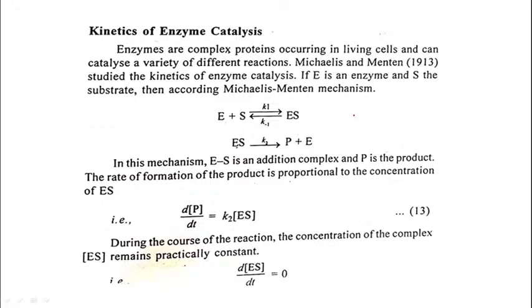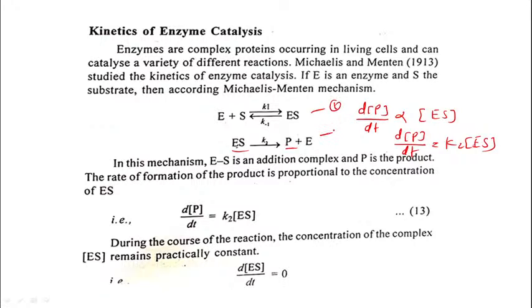The rate of formation of the product with respect to time is directly proportional to the concentration of ES, the addition complex or intermediate. So we can write d[P]/dt equals K2 into [ES]. This is the rate equation for the formation of the product. You can see this is equation 1, this is 2, this is 3 now.